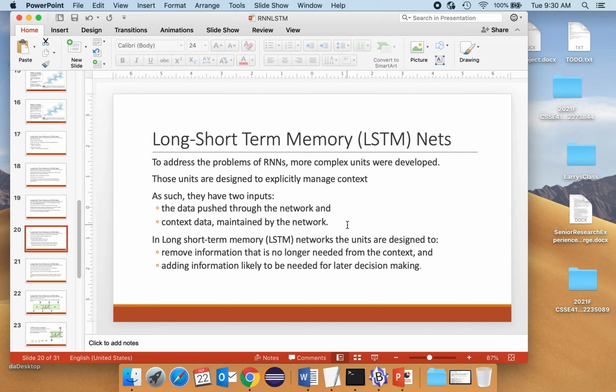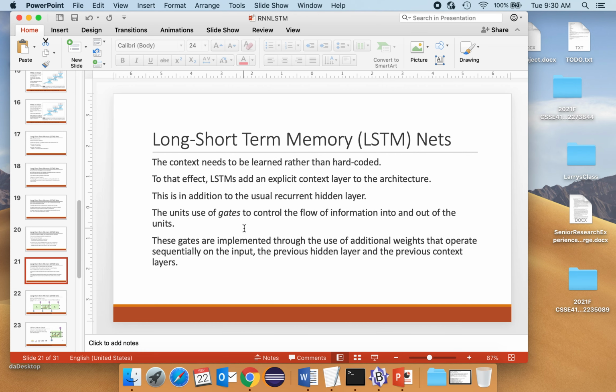We now have two inputs to a neural network: the data that is typically pushed through the network, as well as context data that is maintained by the network. These LSTMs are designed to manage which information is no longer needed, so we will remove that, and which information we want to add to the context layer.